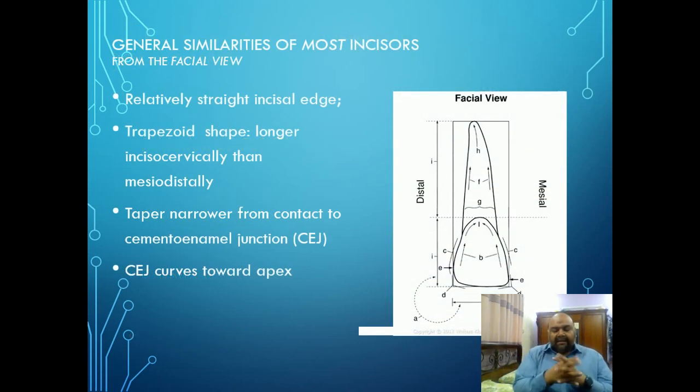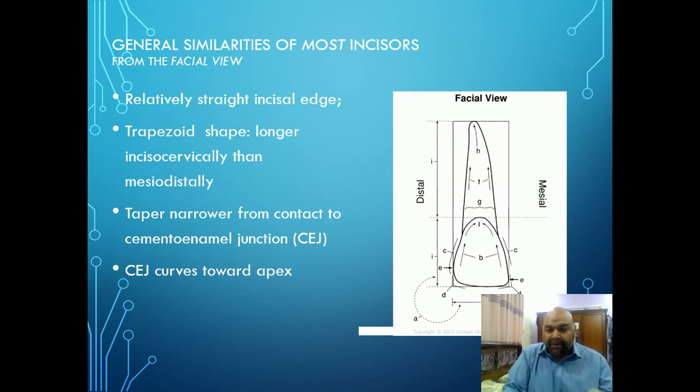Now we'll be looking at some general similarities and differences between the mandibular centrals and the laterals, so that distinguishing characteristics can be identified. They have a relatively straight incisal edge. If you just look at the incisal edge, it is relatively straight.